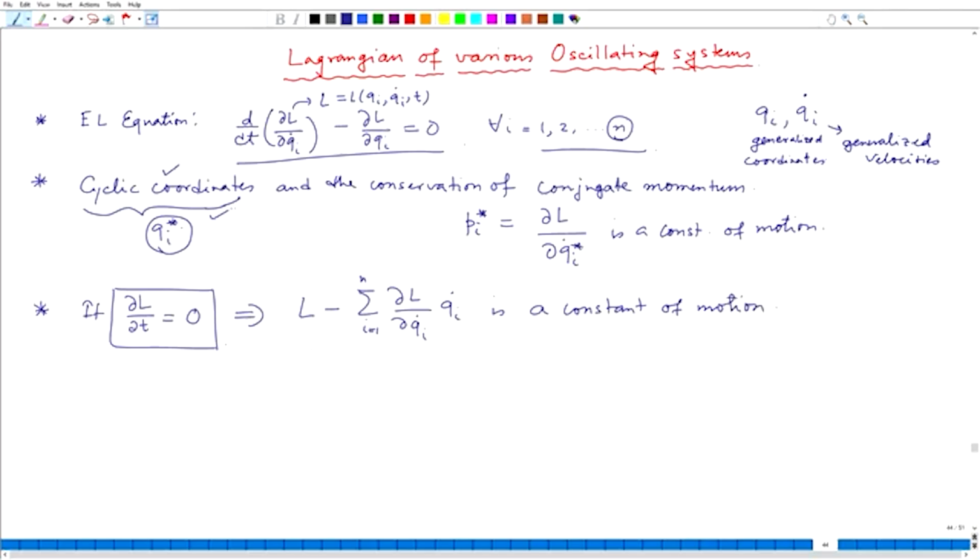For ordinary mechanical systems, we showed that this is nothing but minus h, which is minus the total mechanical energy.